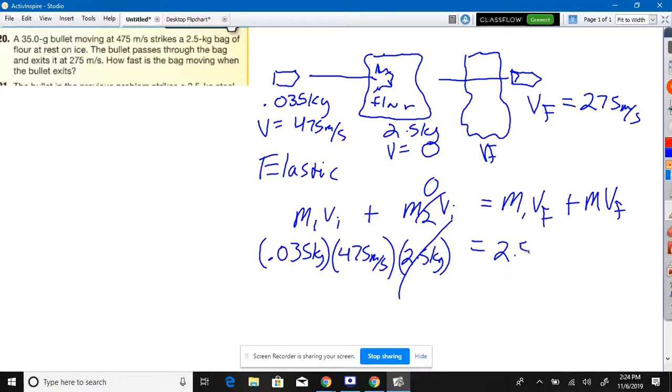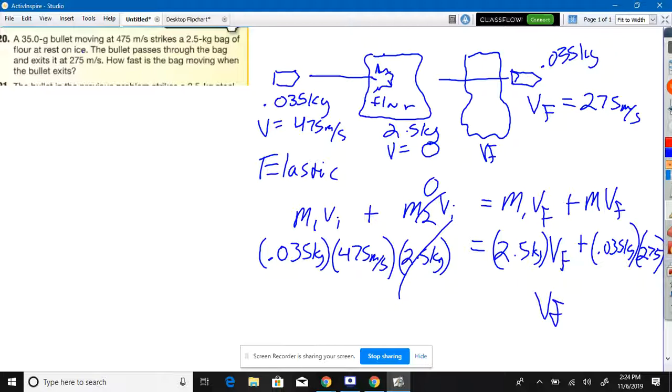The bag moves. The mass of the bullet stays the same. Okay, guys. Find the final velocity of the bag.